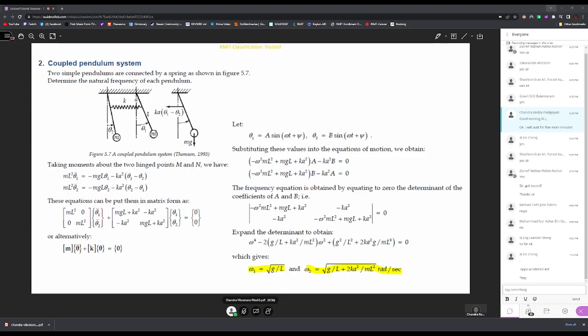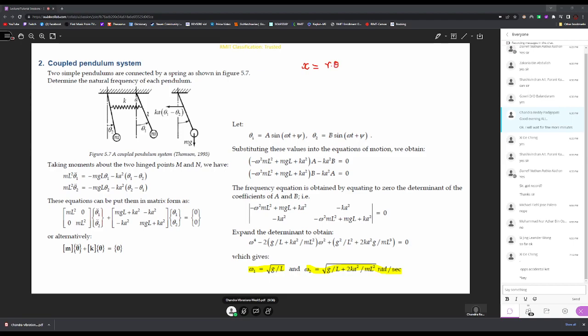Because these two pendulums are connected by the spring, the net angular displacement is theta1 minus theta2. From dynamics, you know the relationship X is equal to R into theta.